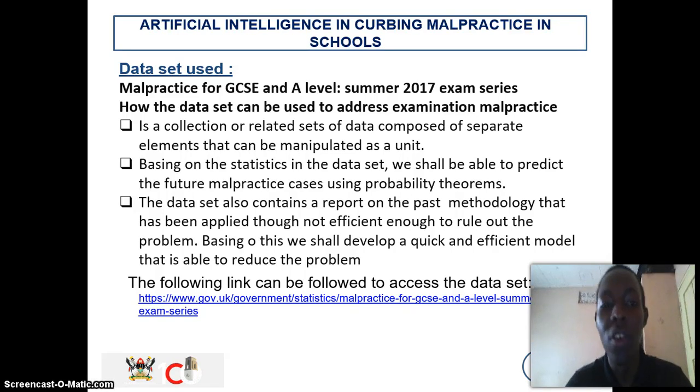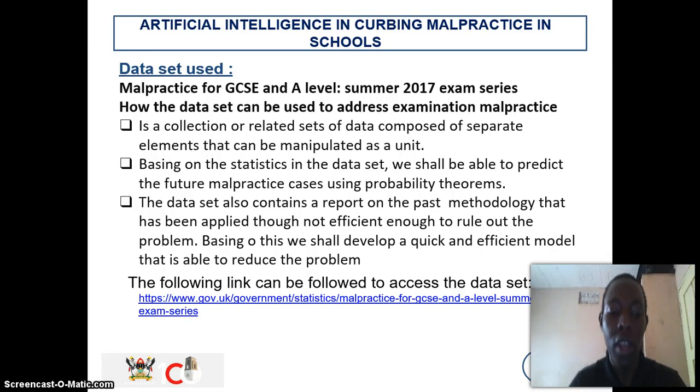A data set is a collection of related sets of data composed of separate elements, but which can be manipulated as a unit. So data sets are data that has been collected by a company or an institution some good time ago, but we can use this data to train our models.